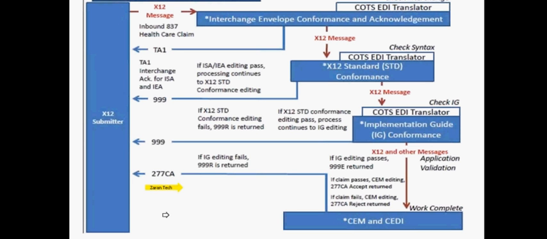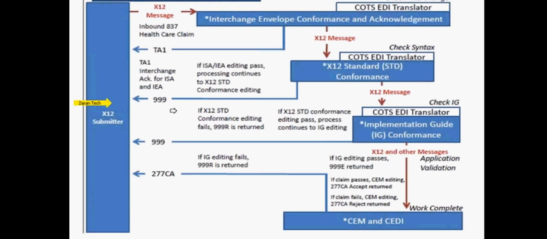You can tell the claim level information, the encounter level information, and what are the acknowledgements that you get. The acknowledgements are: the first, which is at the interchange level errors, and the 999 error report, which is at the standard conformance level or implementation guide conformance errors.